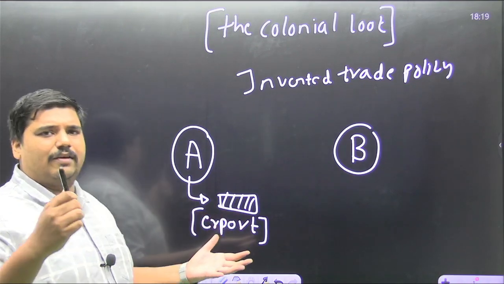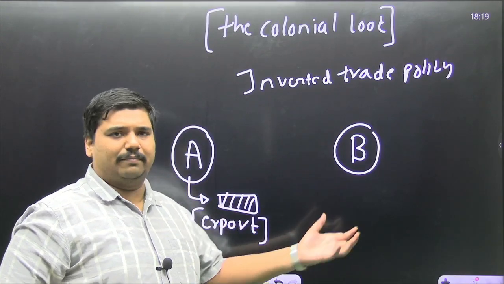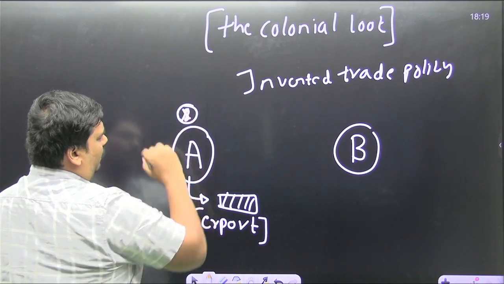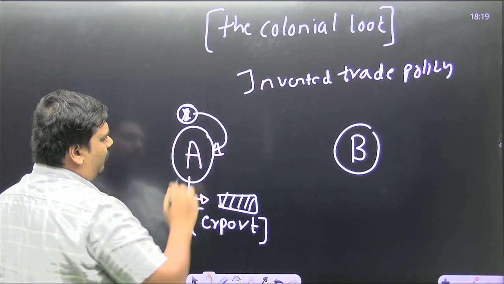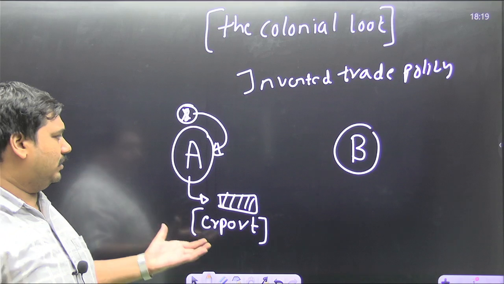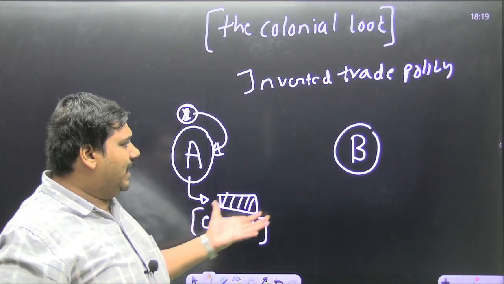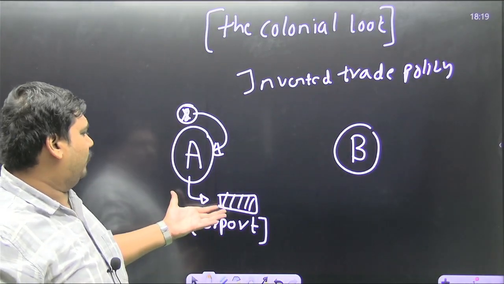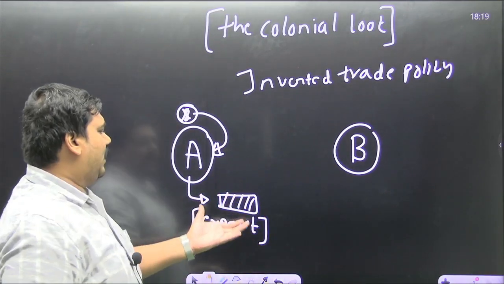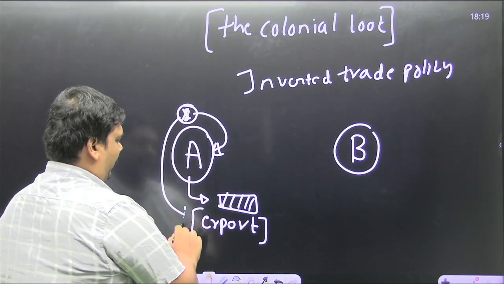For every product that country A exports to country B, the merchant will have to pay a certain amount X of money to the government of country A as an export duty, because the merchant is indulging in export. Therefore, for this pen to leave the territory of A, this pen will garner an export duty X.